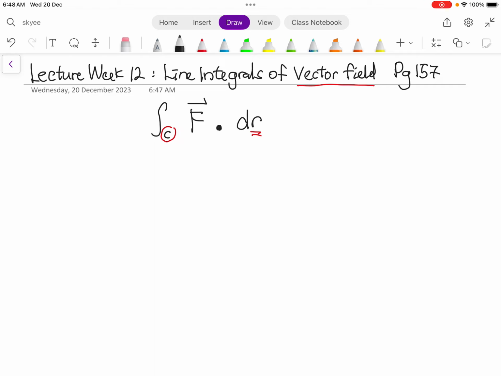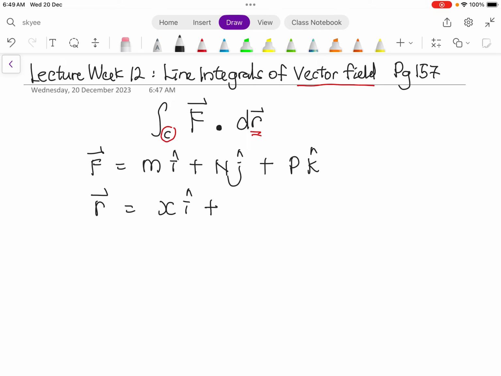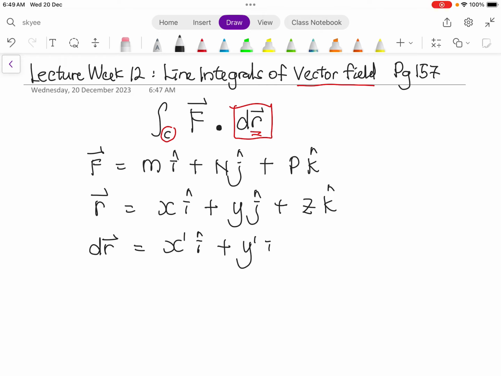For example, let's say you have your F equals to Mi plus Nj plus Pk, because your F is a vector. And r is also a vector, and if your r equals xi plus yj plus zk, because you need to perform the differentiation, your dr will become x prime, y prime, z prime, as you differentiate each of them.